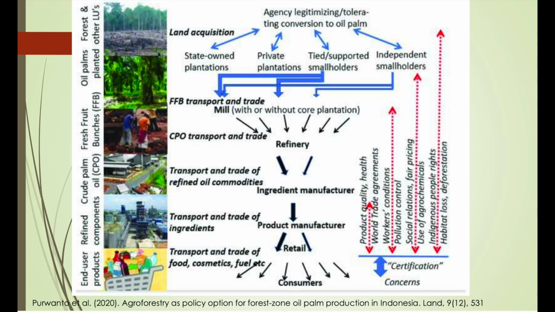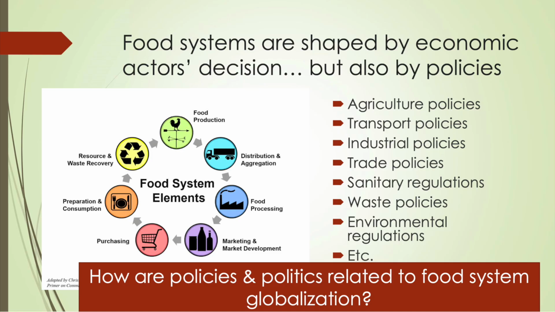Certainly, as these value chains and their complexity show, food systems are shaped by economic actors' decisions, but they are also shaped by policies. And this is what I will try to illustrate today. These policies influence all the stages of the food systems. They can be transport policies, agricultural policies, of course, industrial policies, trade policies, sanitary regulation, waste policies.